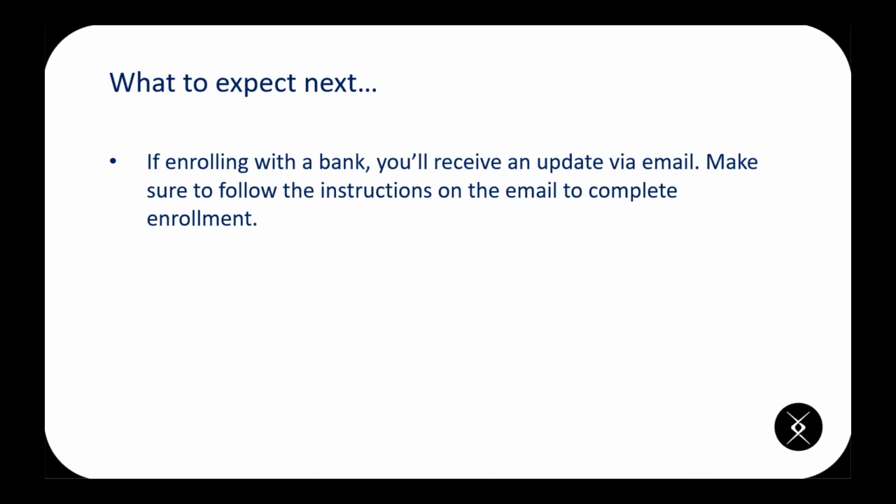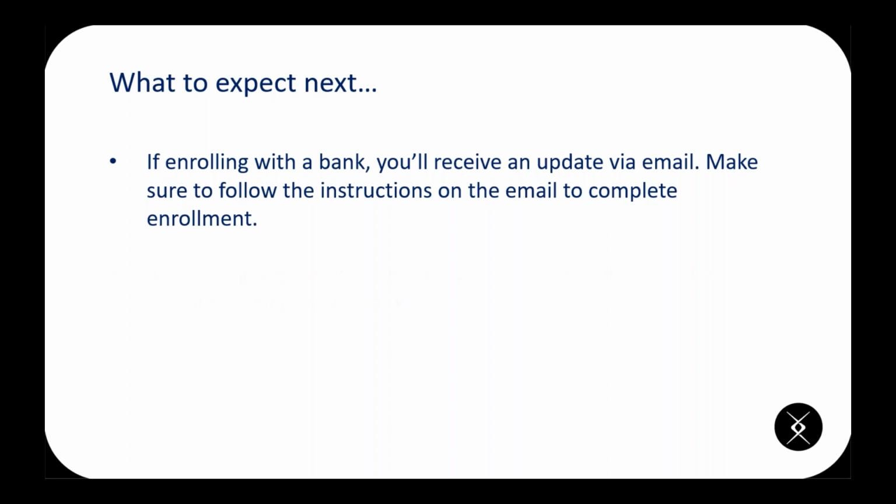If you're approved, there's a link to go to Santa Barbara's website and complete some things on their side. Depending on the bank, it may take longer to receive that initial approval email. But either way, when you do get that email, follow the instructions. You typically have to log into the bank's portal and finalize a few things on their end.